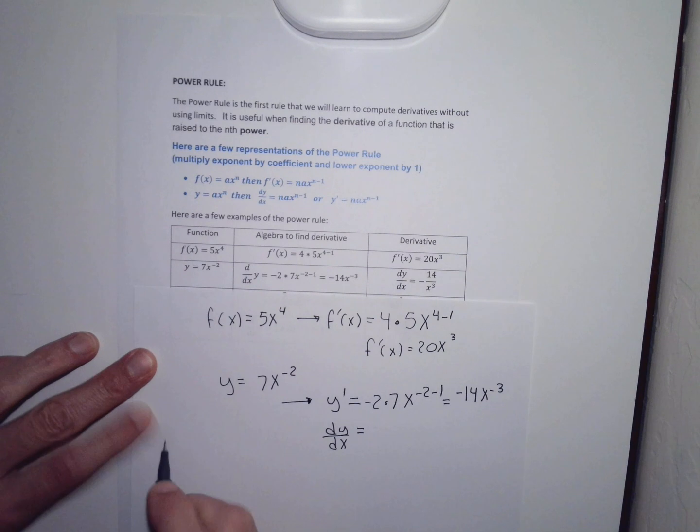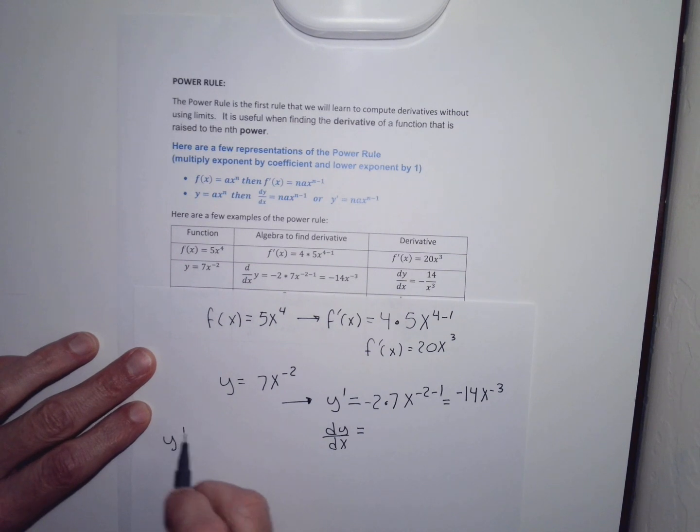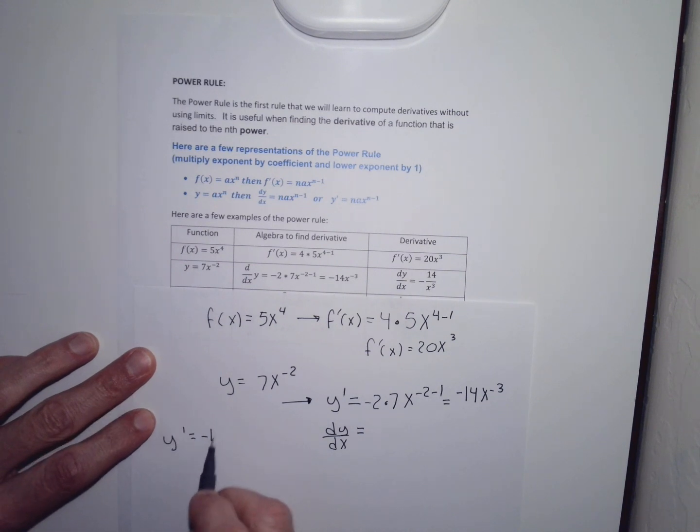It would be correct to say the derivative of the function is negative 14x to the negative 3 power. It would be equally correct to have dy/dx to the left of the equal sign as opposed to the y with a little prime. Usually I use the prime because it's just quicker to write.